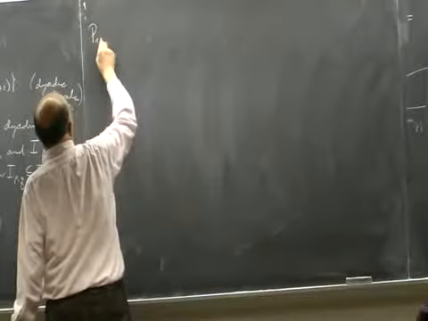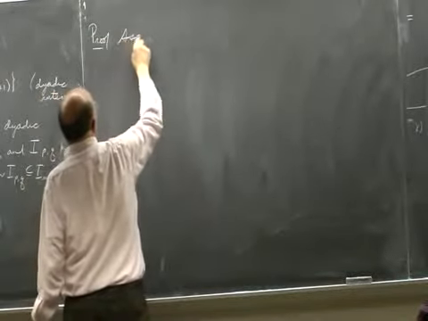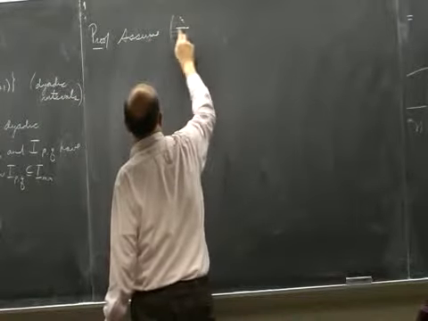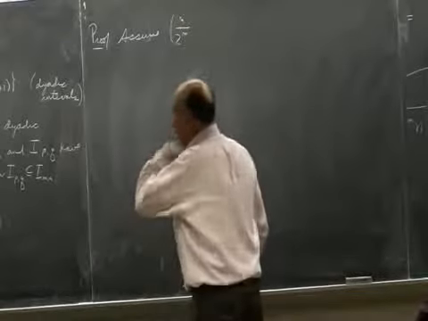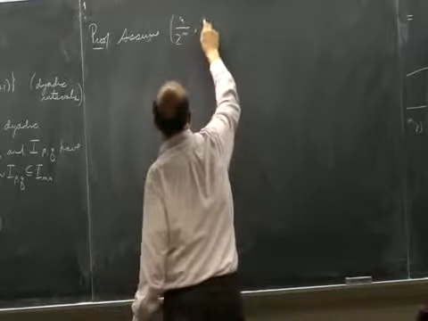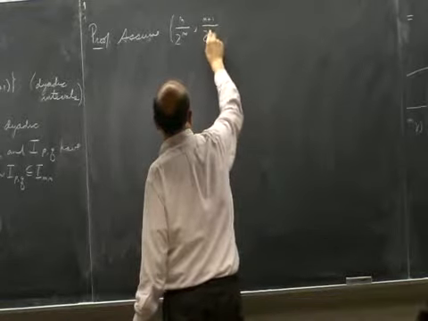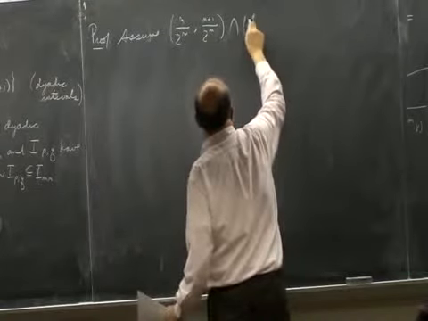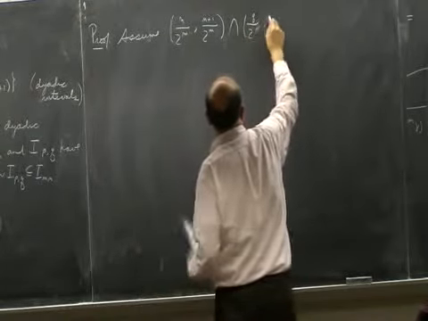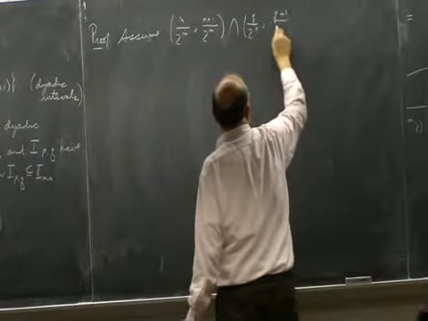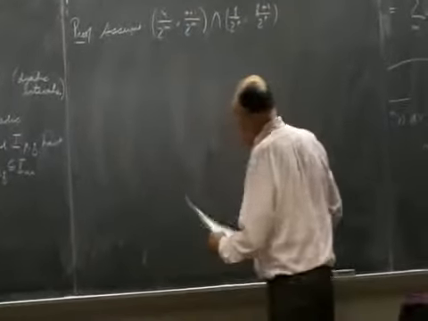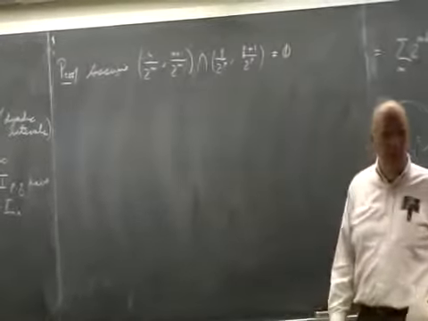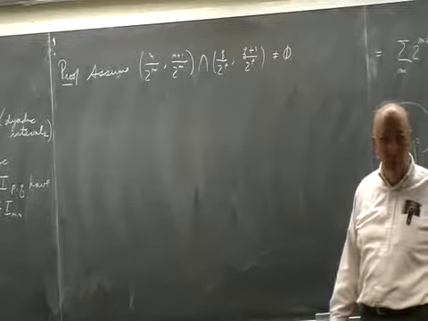Proof. Assume that the interval from n over 2 to the m to n plus 1 over 2 to the m, intersection the interval from q over 2 to the p to q plus 1 over 2 to the p, is not empty. So that's what we're assuming. And to fix ideas, any sort of symmetry is going to be okay here.